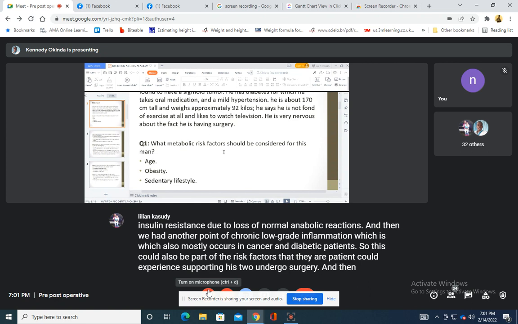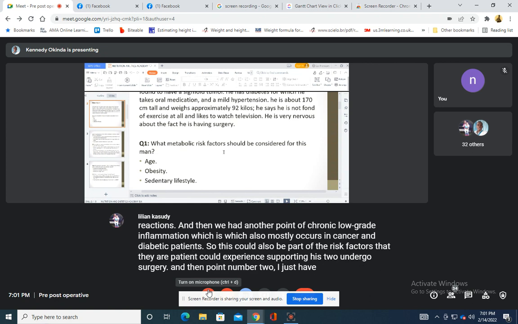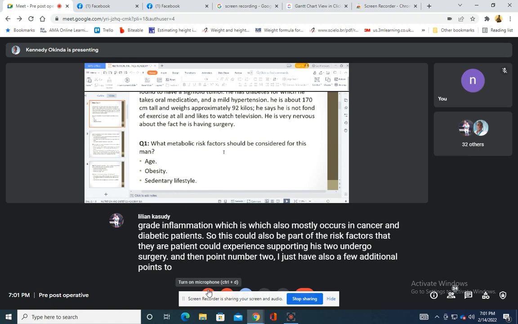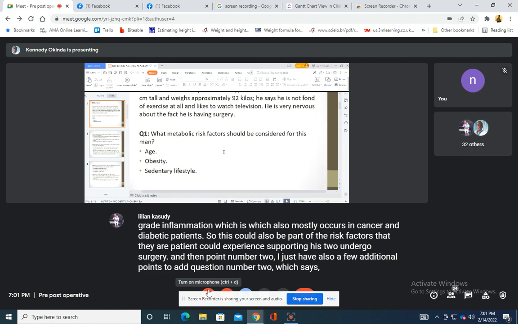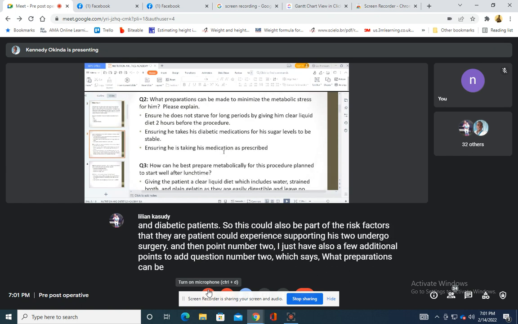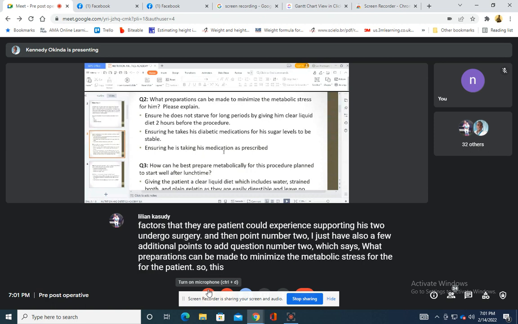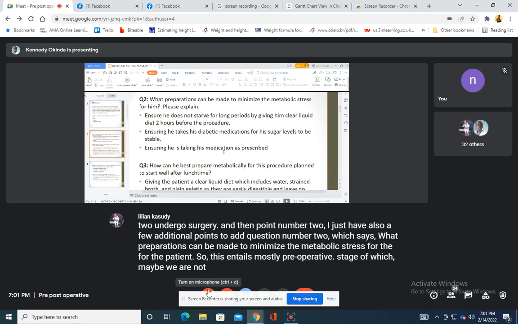And then on question number 2, which says, what preparations can be made to minimize the metabolic stress for the patient? This entails mostly the pre-operative stage, where maybe we are not limited by time.